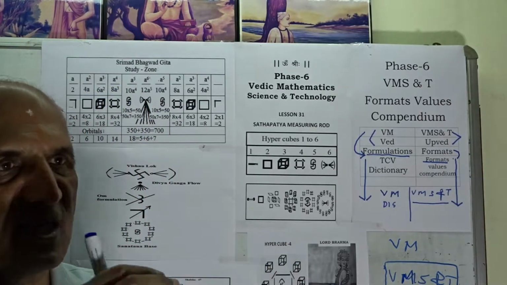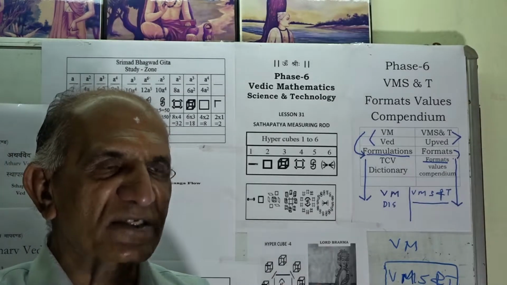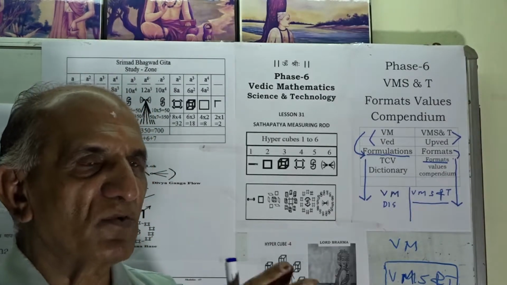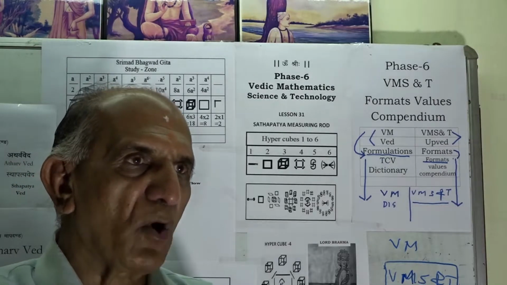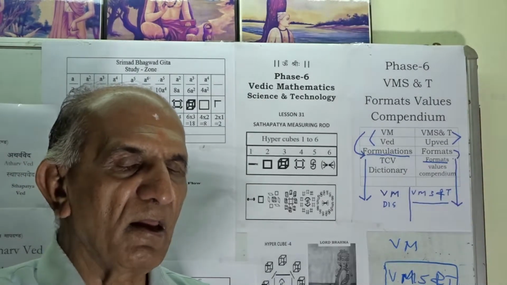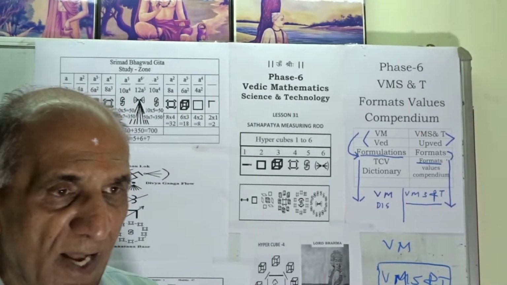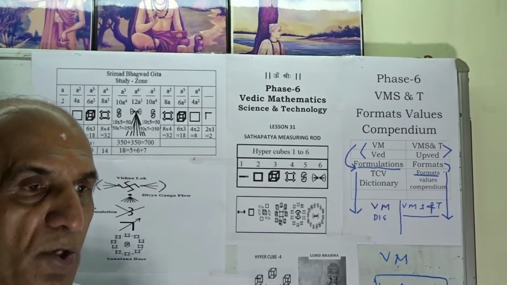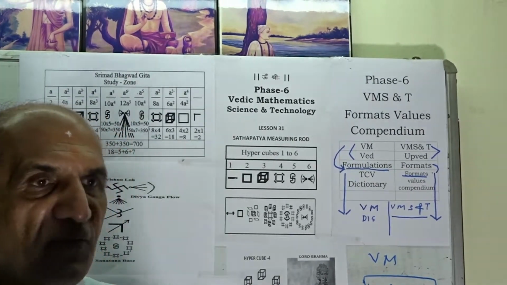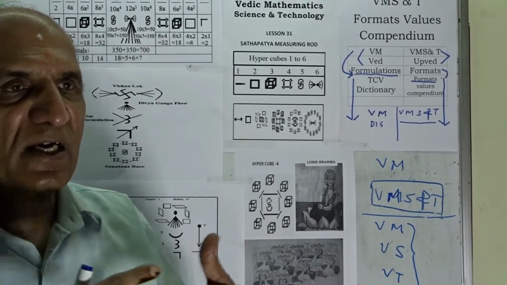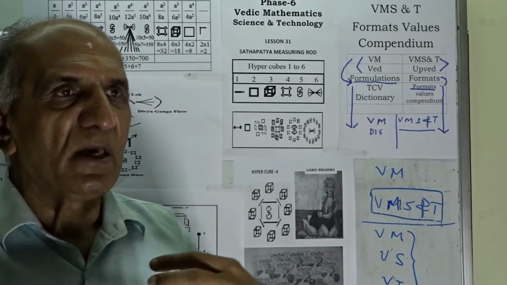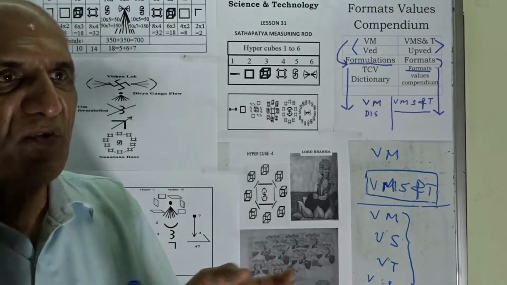Then one shall give a note as to what precisely the formats values compendium is, how it is distinct from the TCV dictionary, and also how this TCV dictionary and formats values compendium are interconnected. In fact, ultimately these are going to be complementary and supplementary to each other.